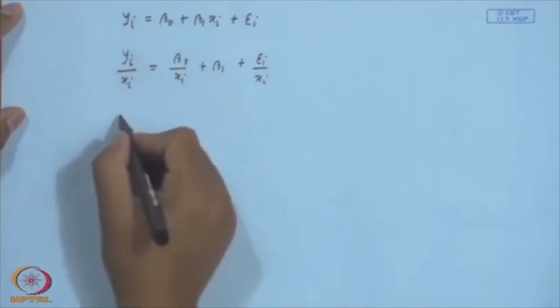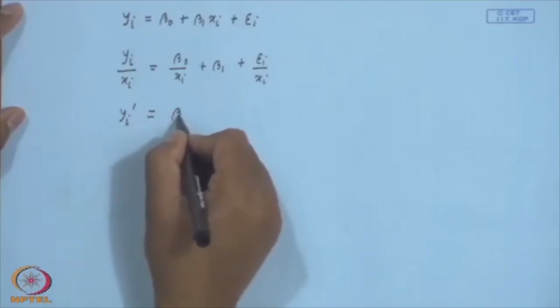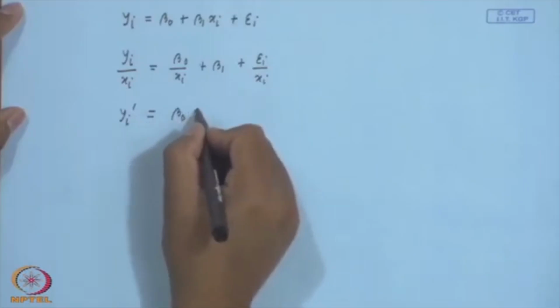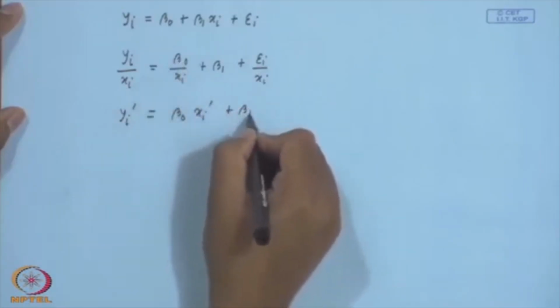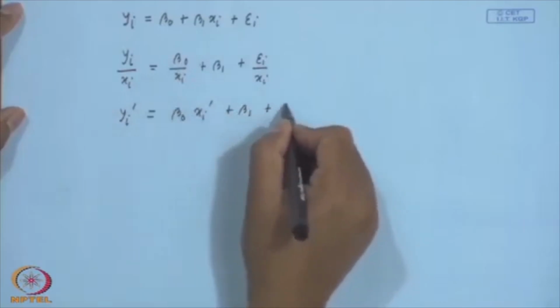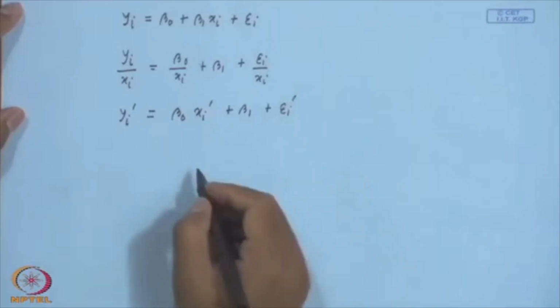So, if I call this y_i prime, then y_i prime is equal to beta naught times x_i prime, where x_i prime is 1 by x_i, plus beta 1 plus epsilon_i prime. And so, this is the transformed model.